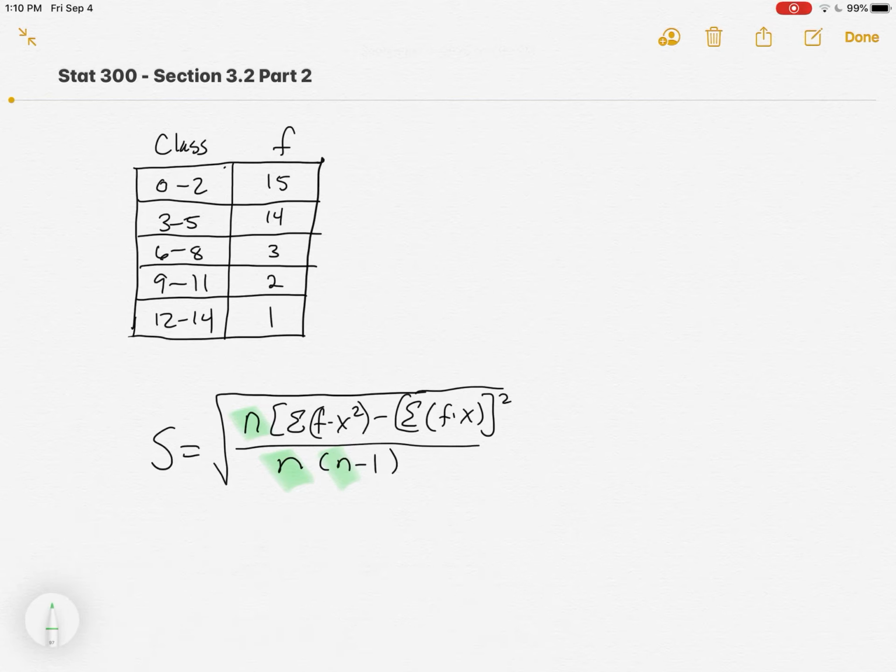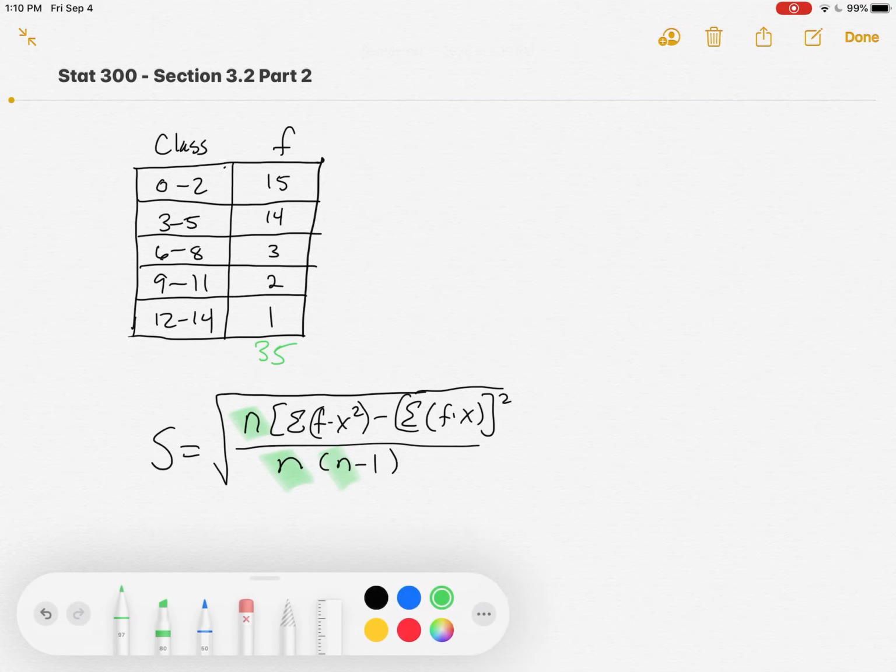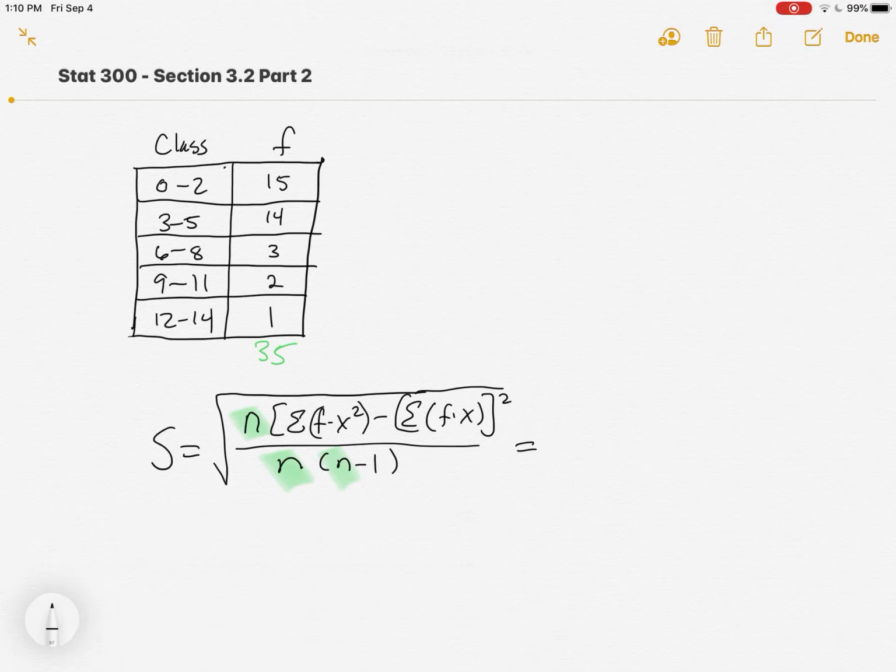If you look at this, that's 5, 20, 34, 35 pieces of data, right? If you take the 15 plus the 14 plus the 3 plus the 2 plus the 1, yes, you end up with 35. So we can come into our formula right now and say, well, I know this.